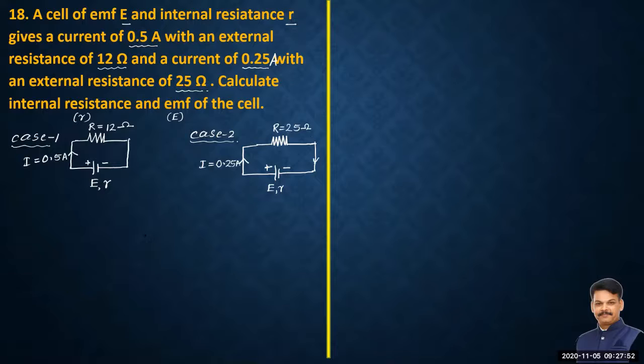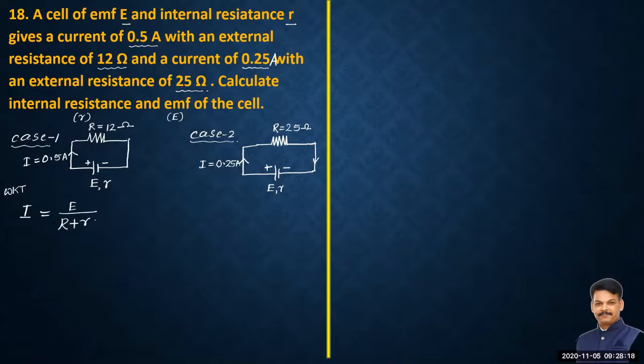Now, using these two cases, you have to find the EMF and the internal resistance. So, dear students, let us make use of the knowledge we have taken in the previous class. We know the relationship I is equal to E divided by R plus r.